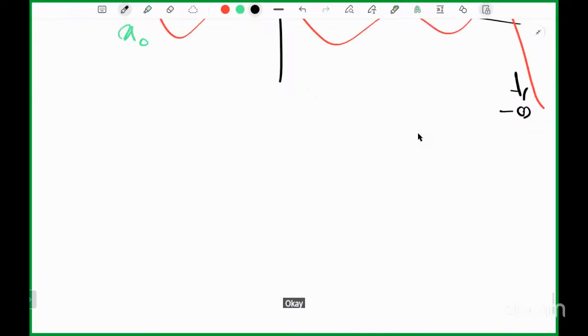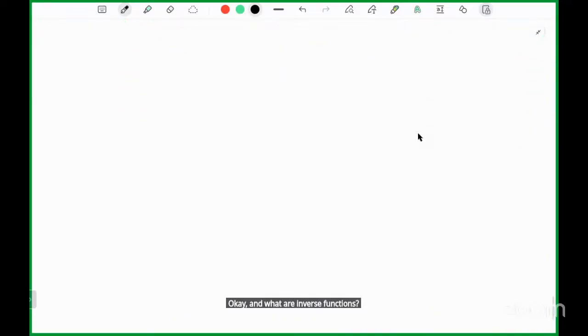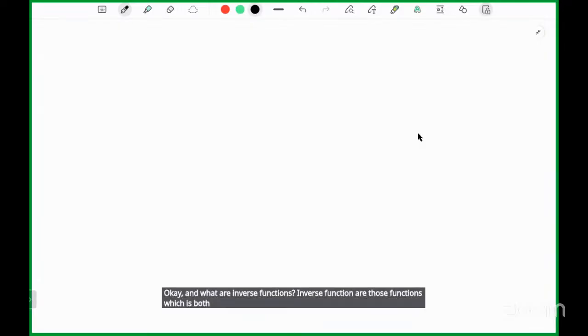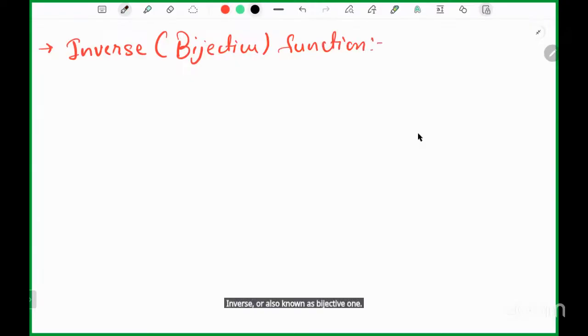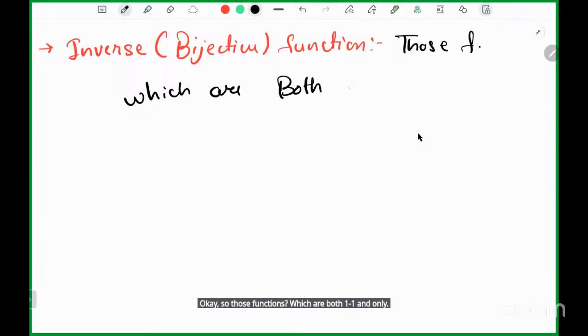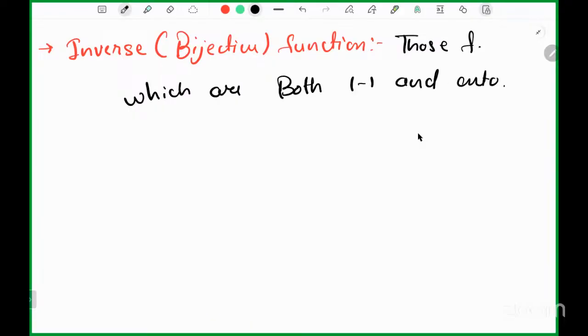Okay. And what are inverse functions? Inverse functions are those functions which are both 1-1 and onto, also known as bijective functions.